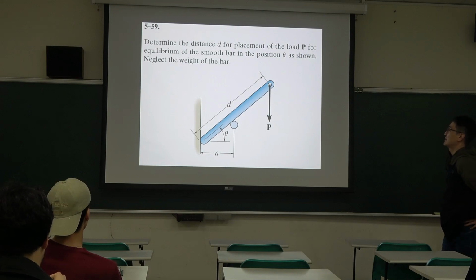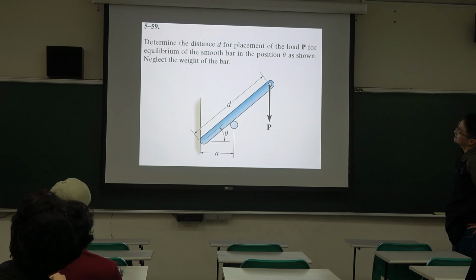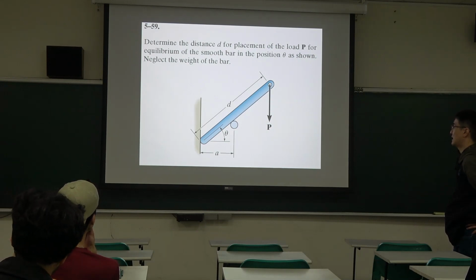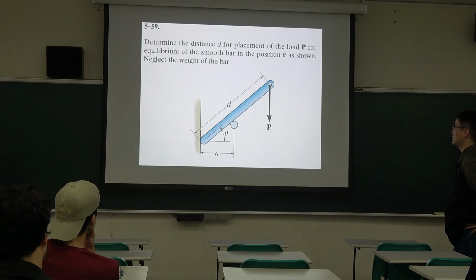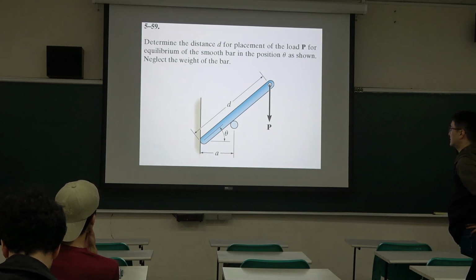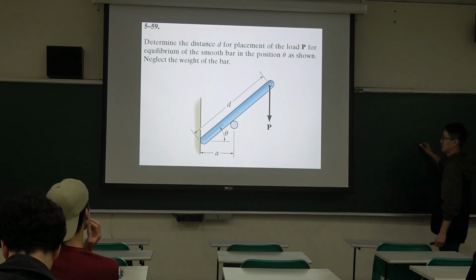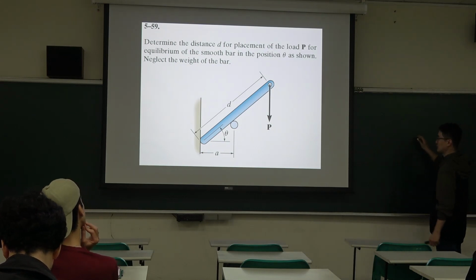Okay, then this one determines the distance d. Distance d for placement of the log P, for equilibrium of the smooth part in the position theta. So actually, in this condition, they are all smooth.